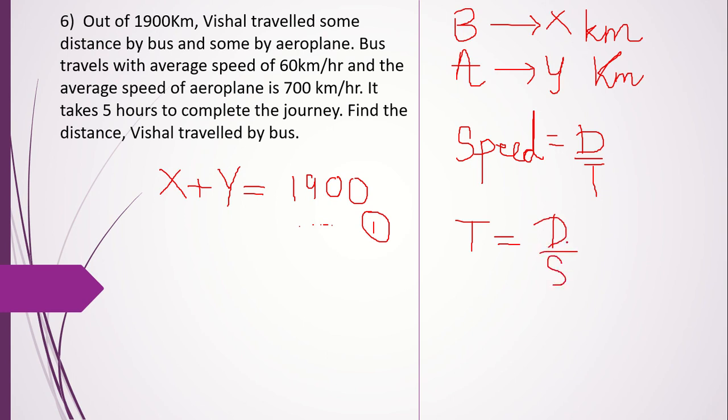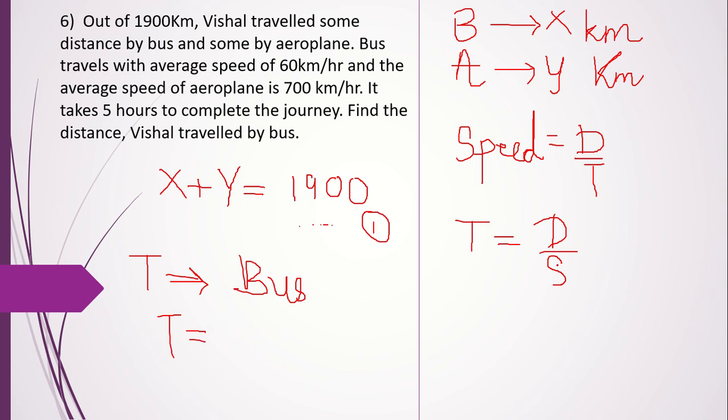Yes, it can be written as distance upon speed. Formula for time. Now, time taken by Vishal by traveling by bus. How can we give that formula? The time taken by bus is going to be... he traveled how much distance?